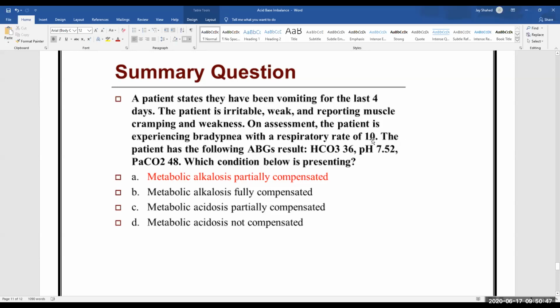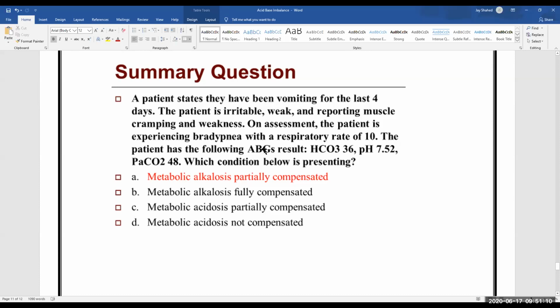Now, respiratory rate of 10, is that normal? What's the breathing rate? 12 to 20, right? So 12 to 18 or so. So 12 to 20. So 10 is bradypnea. That's what they have. The patient has the following ABGs. Look at this. HCO3. Now we already thought of what? Metabolic here because of the history.